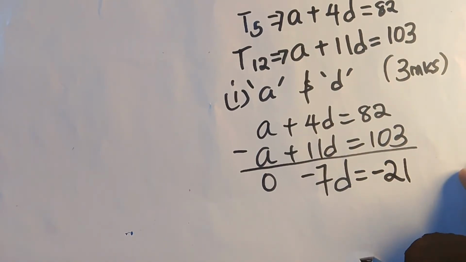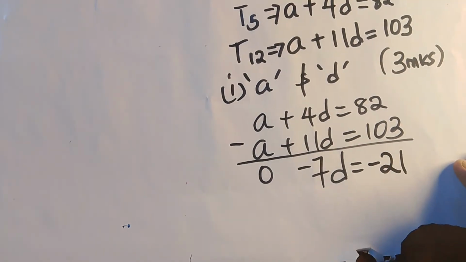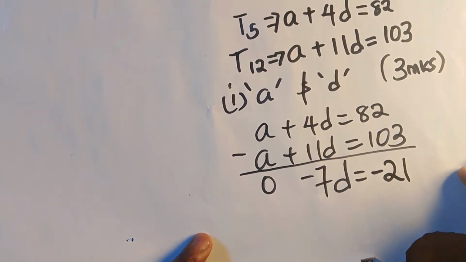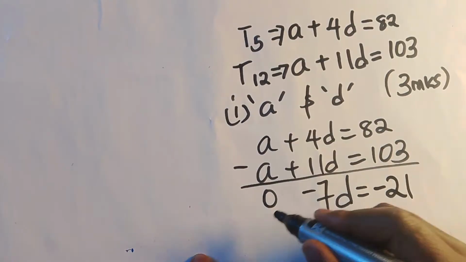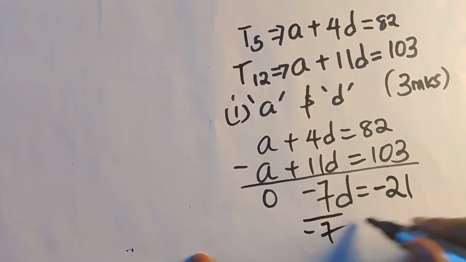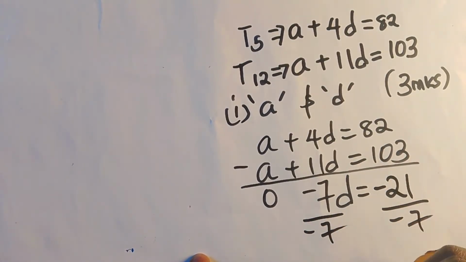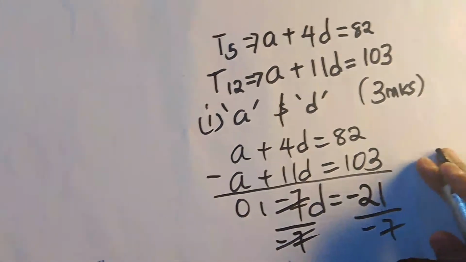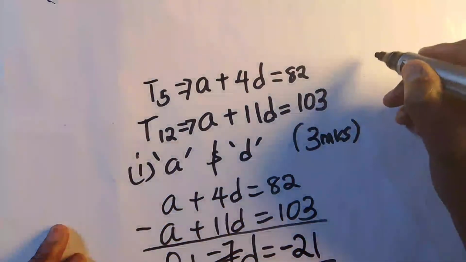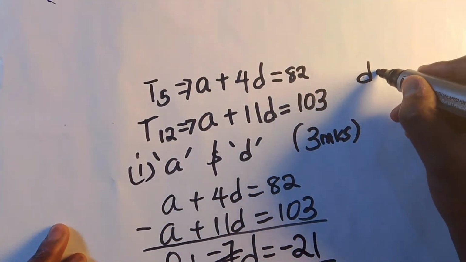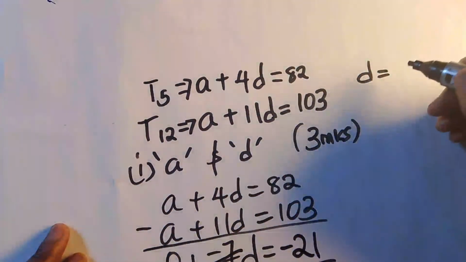So for us to get d, we divide both sides by negative 7, and we get d equals 3.